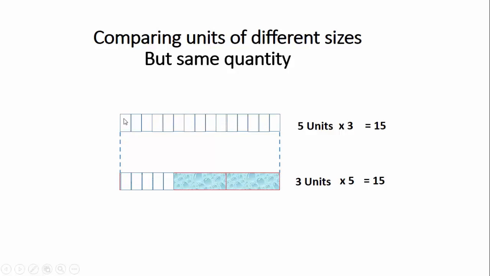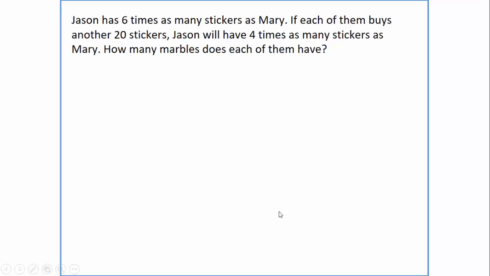So when you do that, here you have a total of 15 units, and here I have a total of 15 units. I can extend this concept to any additional quantities that I have, as long as I know these two quantities are of the same size, and I can use this to compare them.